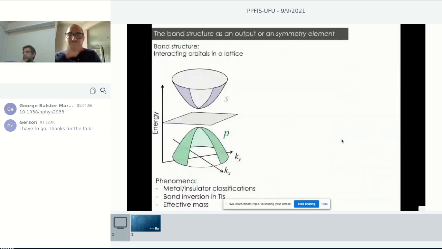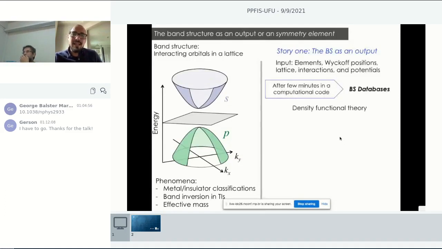Well, to do that, I'm going to use a parallel description between the band structure and the spin, as I mentioned before. And let me try to show you the following things. Band structure appears when we have interacting orbitals in a lattice, and as we already discussed here, allows us to classify compounds in terms of the topology, allows us to understand the effective mass in compounds and so on. But the nice thing to see is that the band structure for many years was essentially an output.